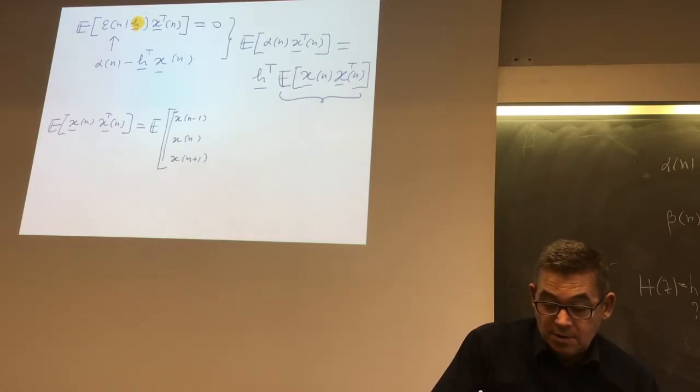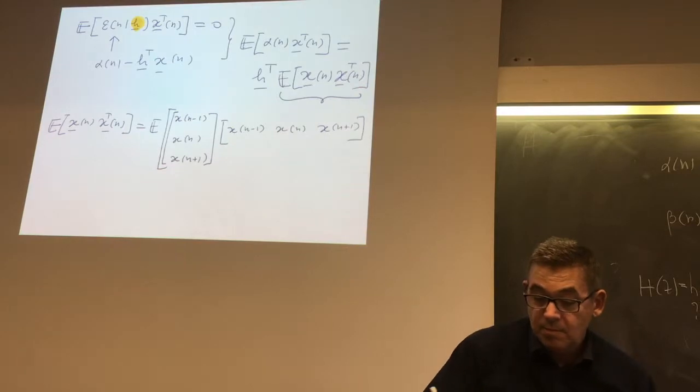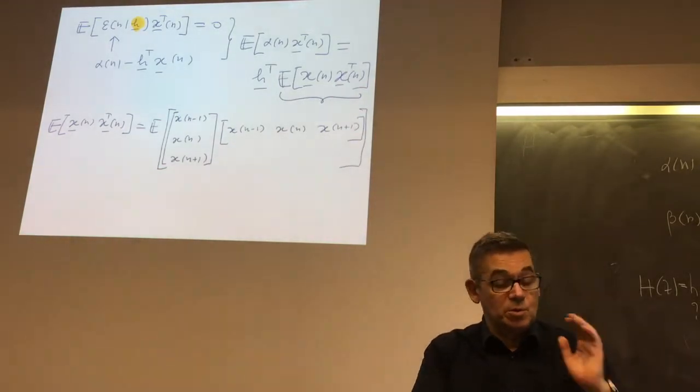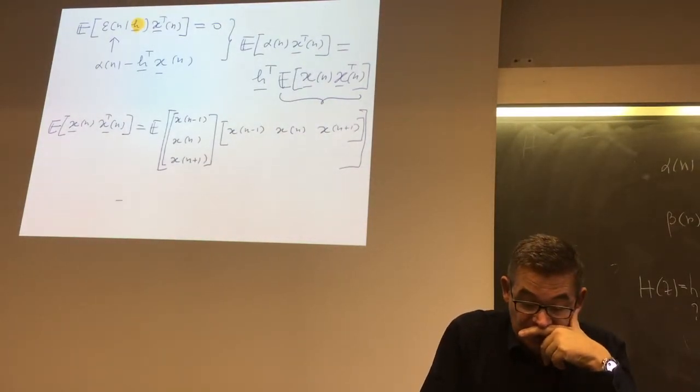And x transpose is the same: xn minus 1, xn, xn plus 1. That's the transpose. So what is in the first position?